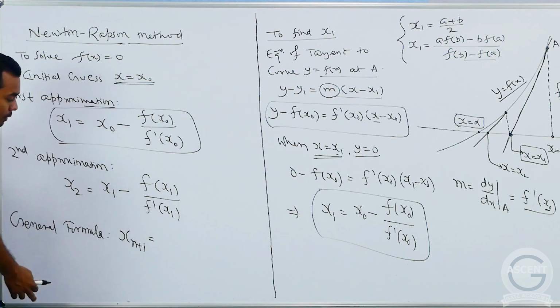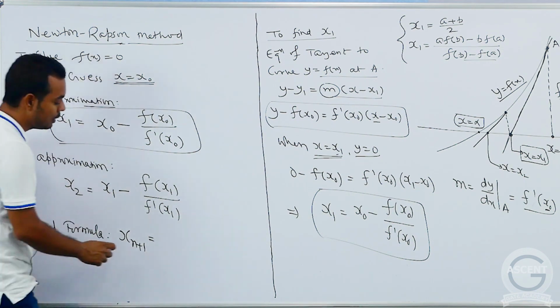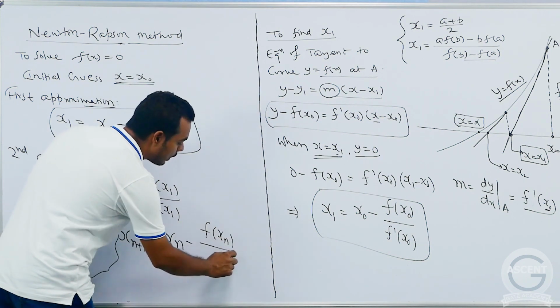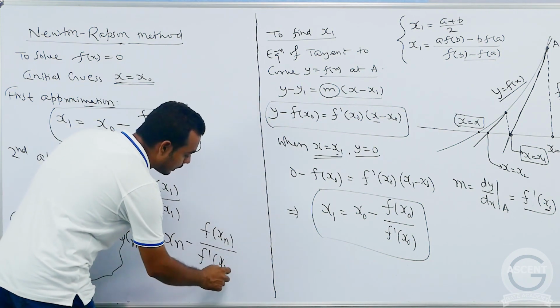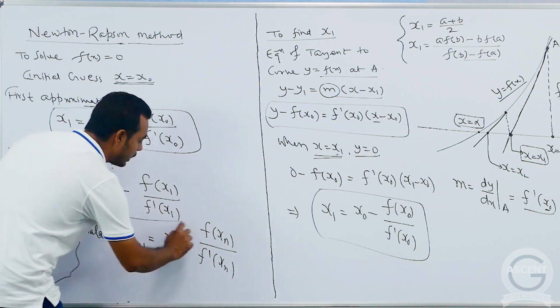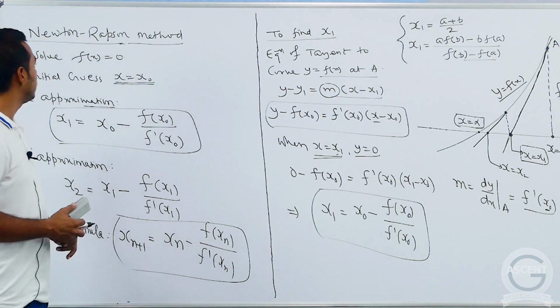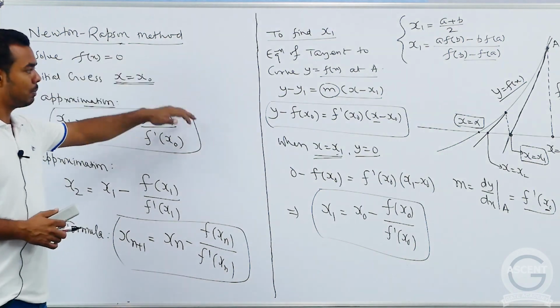And the general iterative formula will be x(n+1) equals xn minus f(xn) divided by f'(xn). So this is the formula to calculate the next iteration in the Newton-Raphson method. Now after this we'll take a number of problems and see how to apply these concepts.